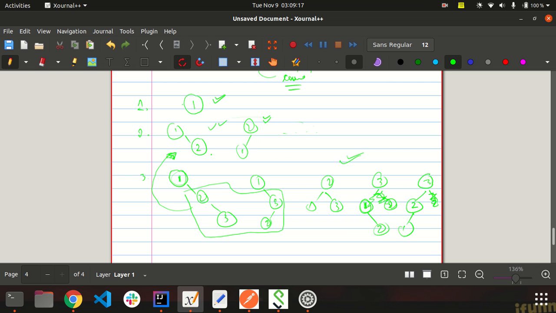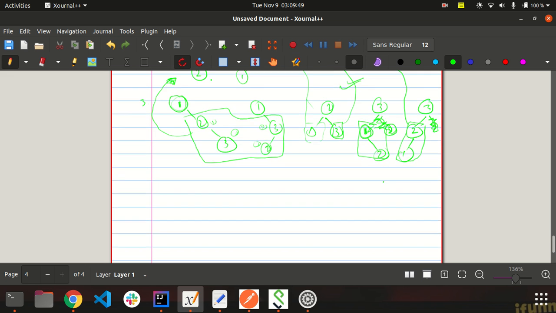For example, here it is 2 and 1, and here it is 3 and 2, here it is 1 and 2, and here it is 2 and 3, correct? Similarly, for this particular case, these are the same as 1, right? And structurally as well as behaviorally, both of these are also the same as point number 2, correct?